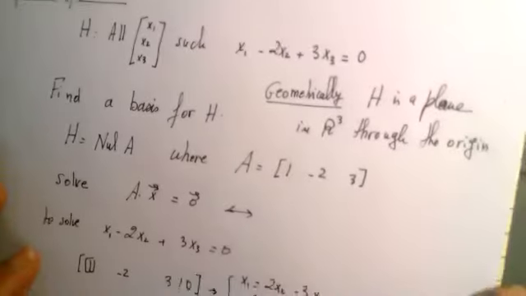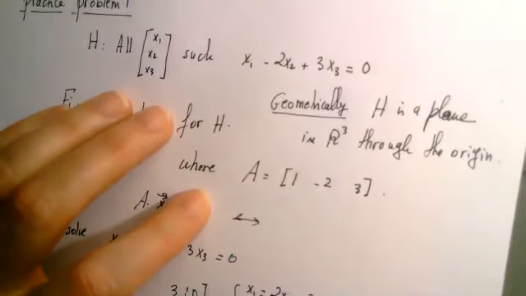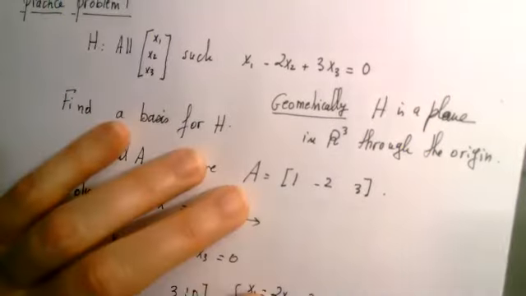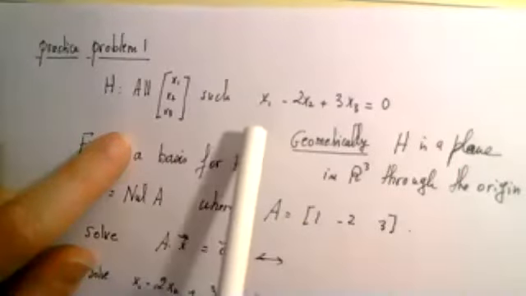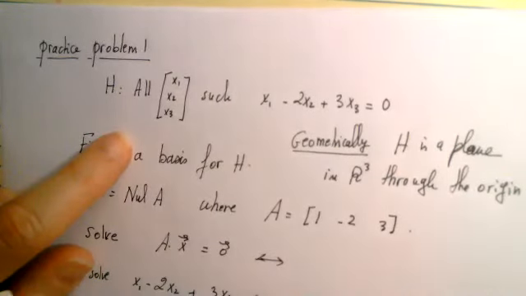So the first one, let H be, this is a problem that we can do by looking at it. So we can do it geometrically or we can do it algebraically. Let H be all the vectors x1, x2, x3 such that x1 minus 2x2 plus 3x3 equals 0.